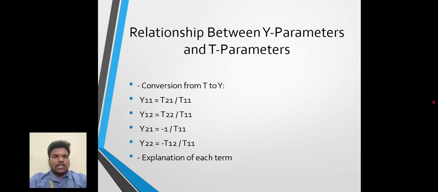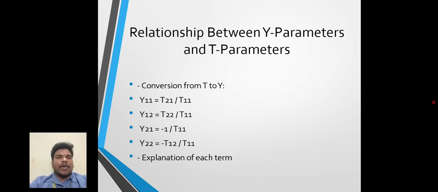And let us go to the relationship between the Y parameters and the T parameters. To convert from T to Y, Y11 is equal to T21 by T11, Y12 is equal to T22 by T11, Y21 is equal to minus 1 by T11, Y22 is equal to minus T12 by T11.